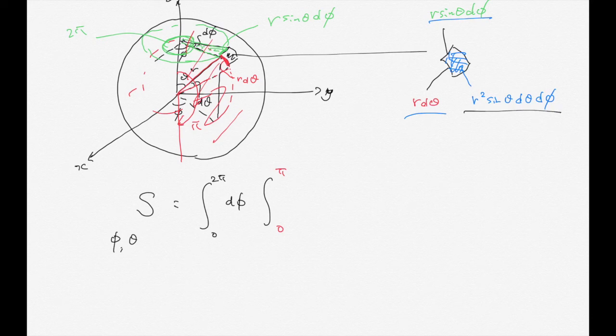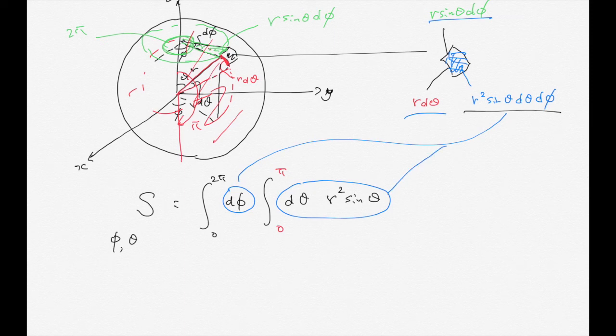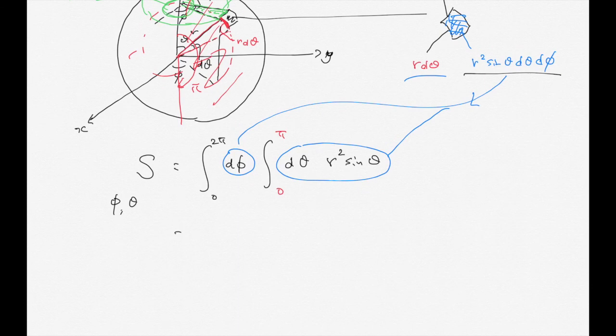And the small area you can write as r squared sine theta d theta d phi. So this is the small area. Okay. Then we could perform the integrals.